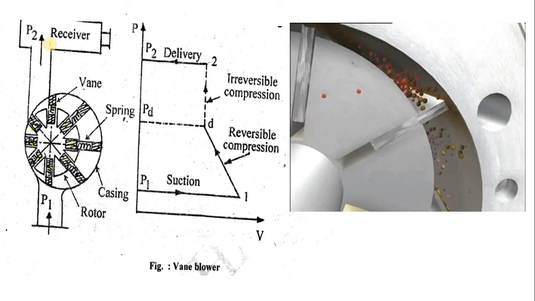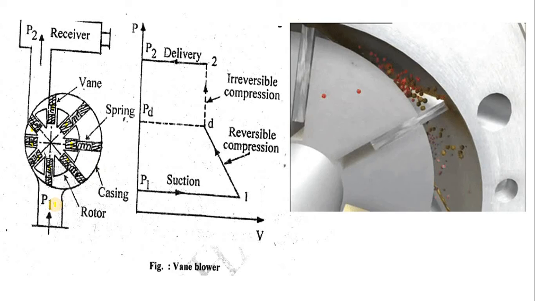So how does it work, this is an interesting question. Again, that rotor is connected to the motor. When the motor starts, the rotor continuously rotates at high speed inside the casing, clockwise or anti-clockwise. At that time it exerts a suction in the suction line.